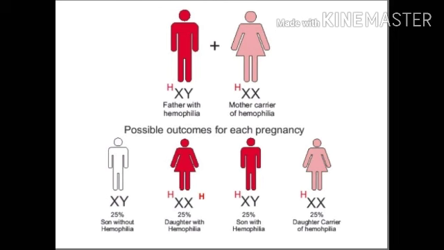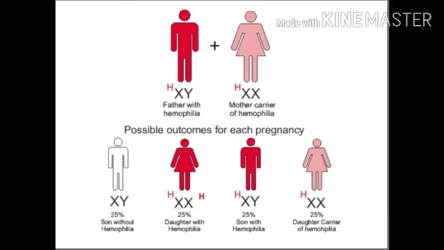And 25% son with hemophilia, whose X chromosome is affected, which he gets from the mother, and 25% daughter who is a carrier, because she gets one X from the mother, which is not affected, and one from the father, which is affected.